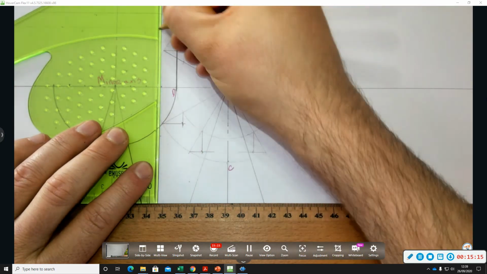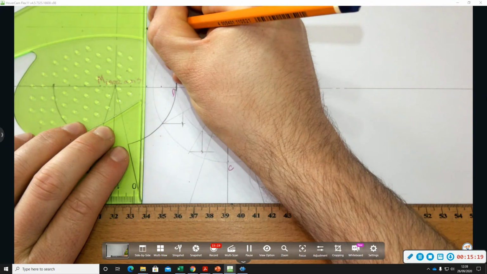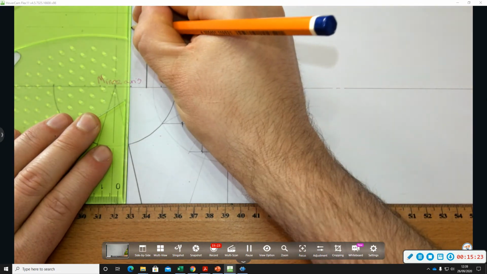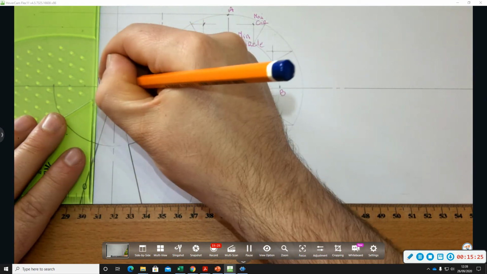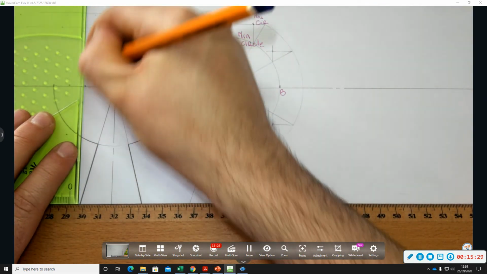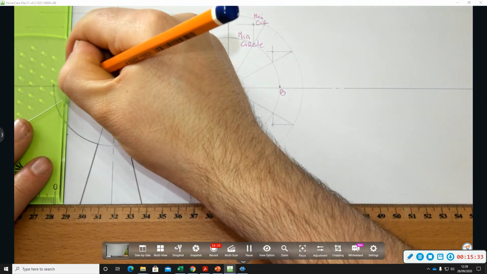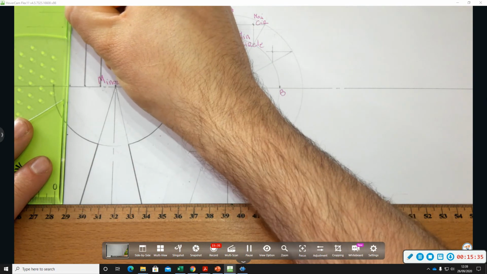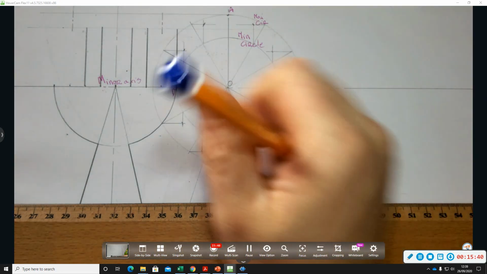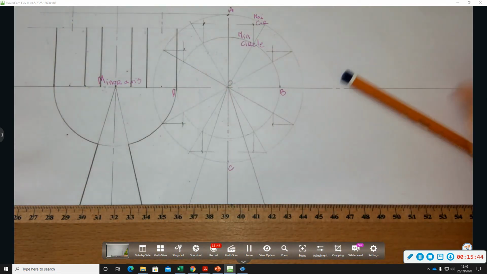The second one is essentially a center line. The next one is a heavy line as well. Heavy line here. Heavy line. And then this is a center line up here. And then this here is a heavy line as well.